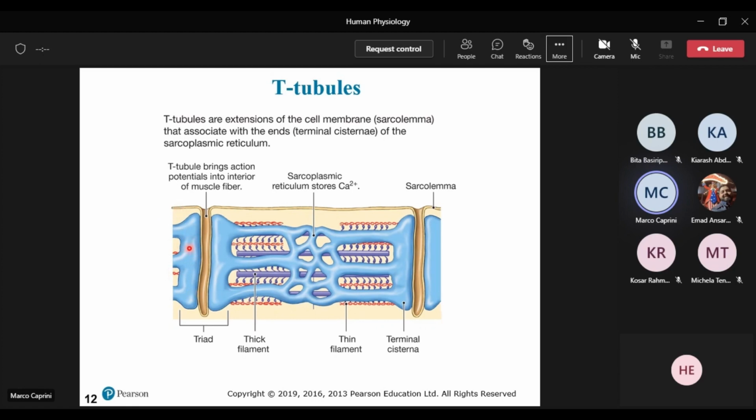The triad is made by one cisternia, the other cisternia, and the T tubules. And the T tubules are an extension of the cell membrane, the sarcolemma, that associate with the terminal cisternia of the sarcoplasmic reticulum, where the calcium is stored. And you can see also here the thick filaments and the thin filaments. Okay, so you can understand immediately what is the role of the T tubule and how this role is diffusion.